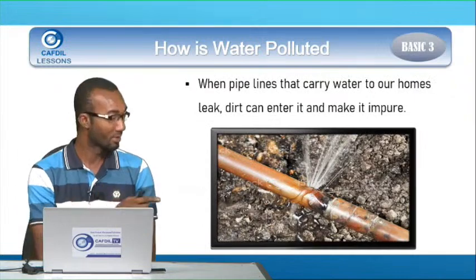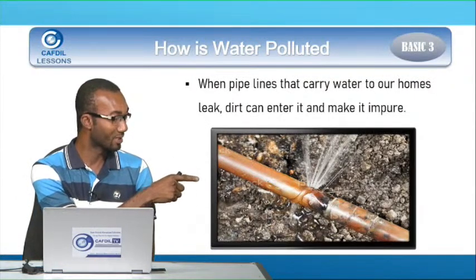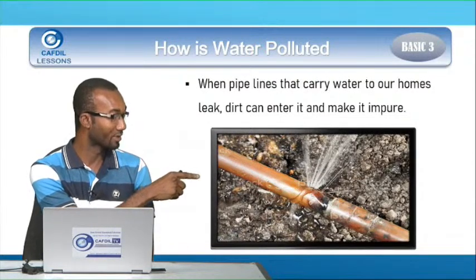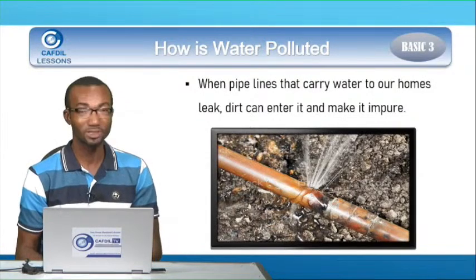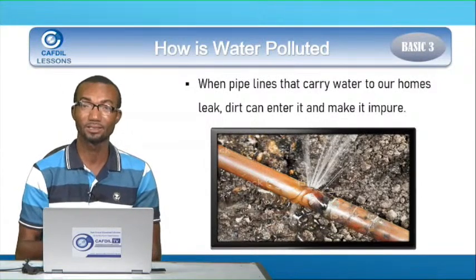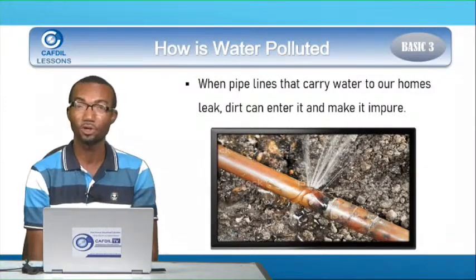And then, Kate, I believe you are familiar with this kind of scene. Sometimes you see main lines leading to our homes having leaks. So when pipelines that carry water to our homes leak, dirt can enter them, and then that dirt will travel into your taps and make the water impure for you.